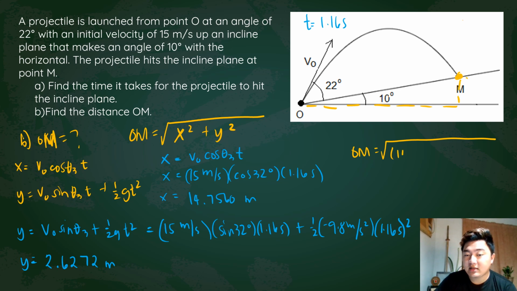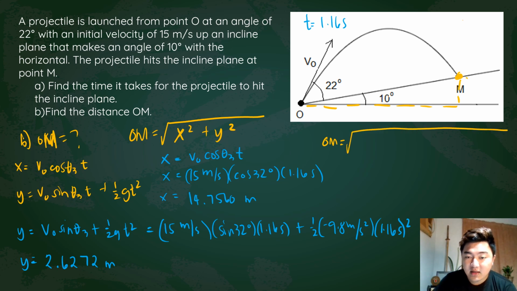So if that is x and that is y, then you can solve for OM. So OM is equal to the square root of 14.7560 meters squared plus 2.6272 meters squared.